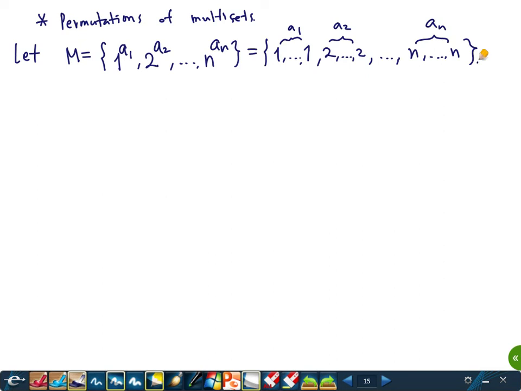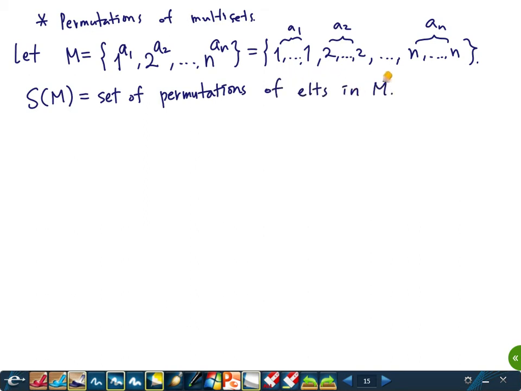Okay? And S of M is the set of all permutations of the elements in M. So for example, if your multiset is 1, 1, 2, we have two ones and a 2.